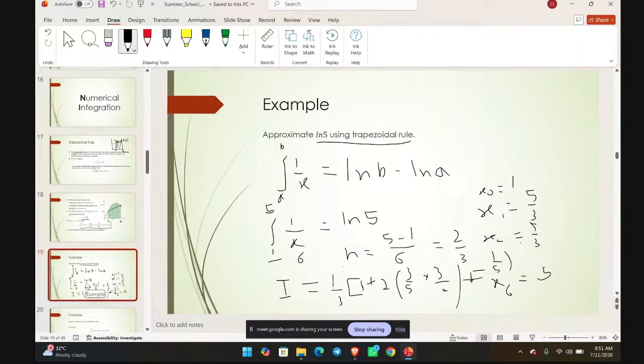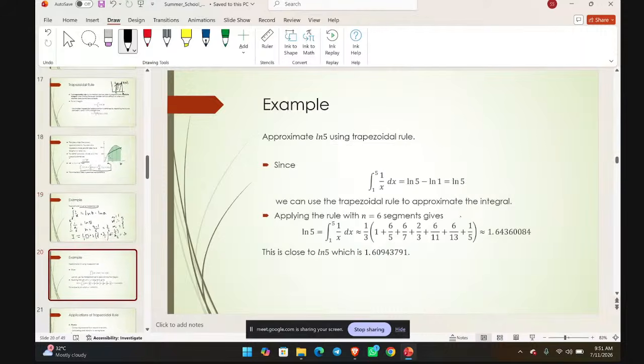After calculating, this turns out to be 1.6436, and the exact value of ln 5 is 1.60943. So there is an error of 0.04. But if we choose more subintervals, for example n equal to 10 or n equal to 20, you can try this after the session, you will get more accuracy.